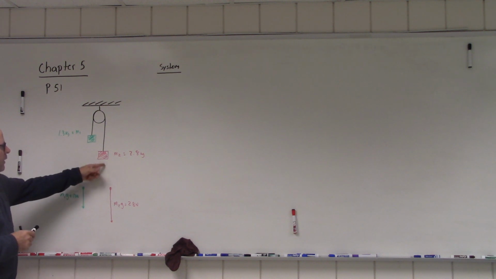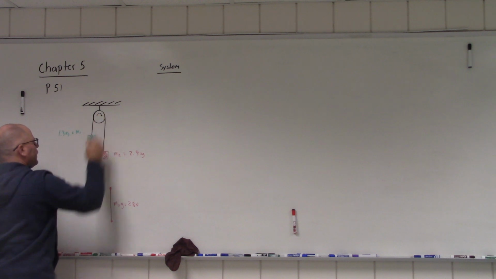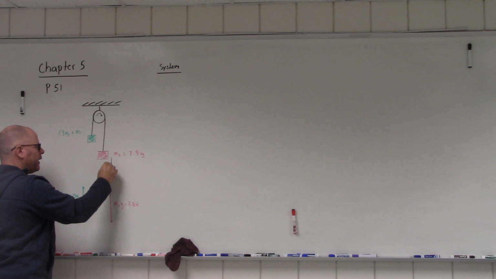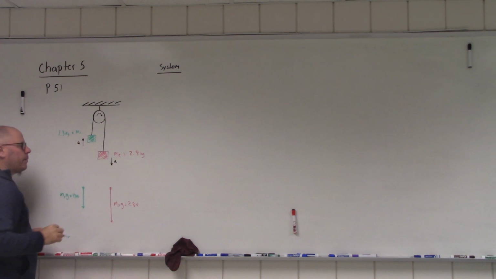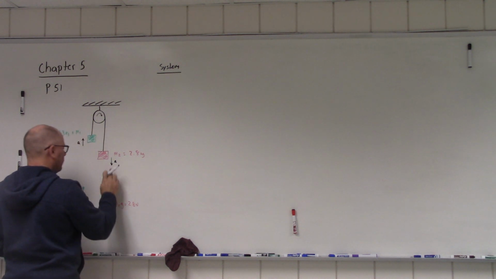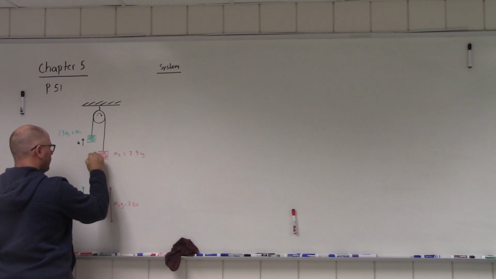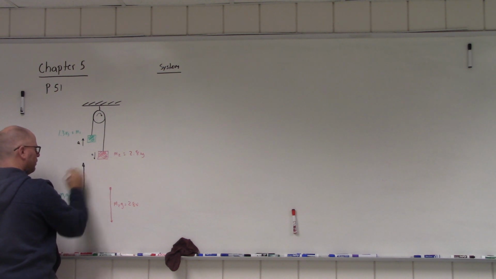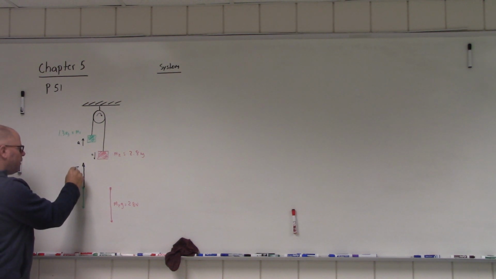Now, if this one is heavier than this one, the whole thing is going to rotate this way. So what does that tell you about this guy? He's not only going to go down, he's going to accelerate down. But what does that mean about this guy then? He has to accelerate up. So when I draw this, the tension in this cable has to be greater than this weight because this guy's accelerating up.